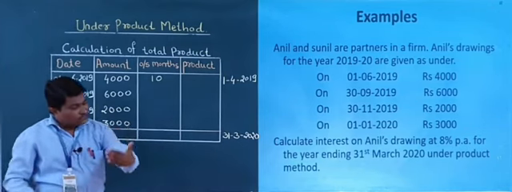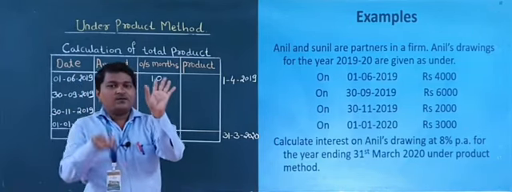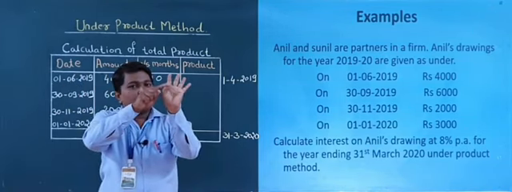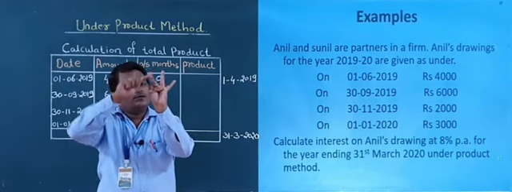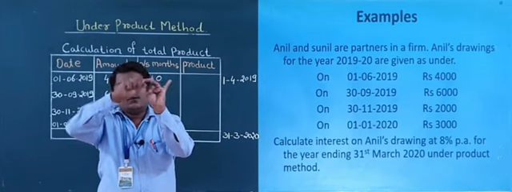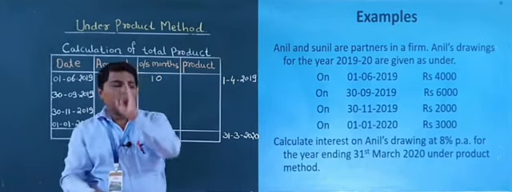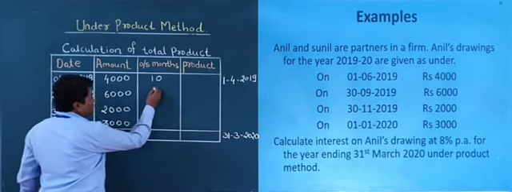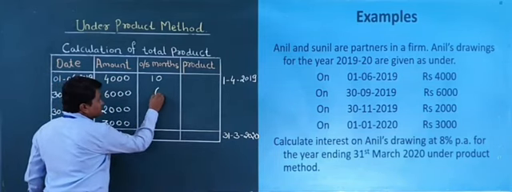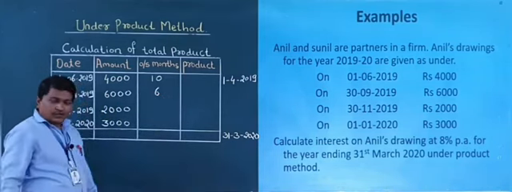So we skip 9. After the 9th month comes 10, 11, 12, again 1, 2, 3. 31st March. So here 6 months. Are you getting it?